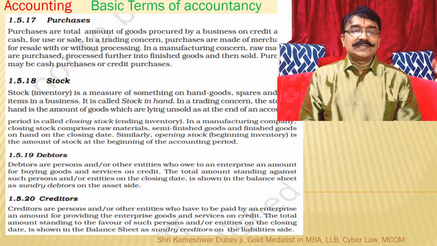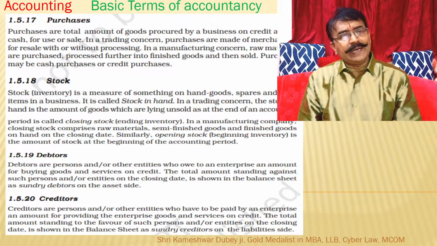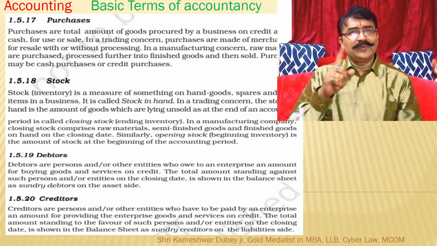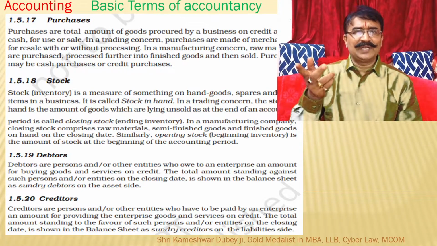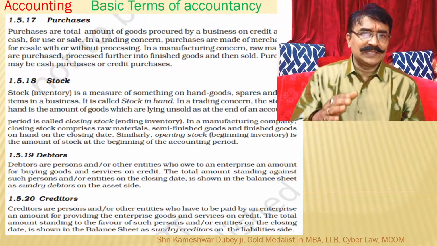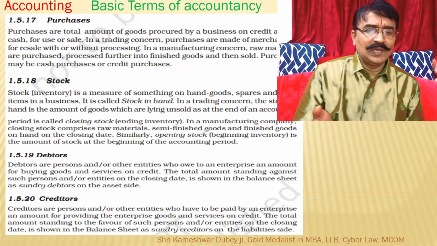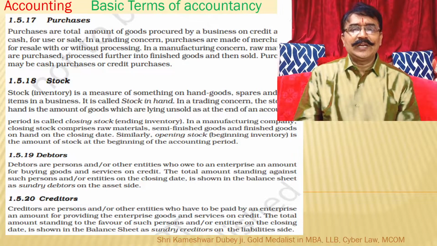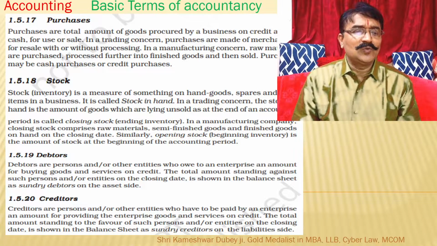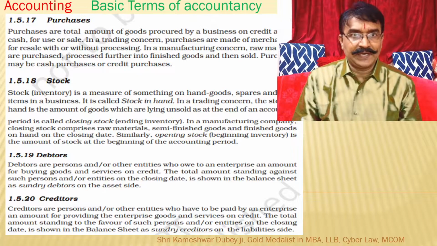Debtors are persons or entities. A debtor may be a single person, a debtor may be a company also. A debtor, whether a single person or an entity, owes an enterprise an amount for buying goods and services on credit.